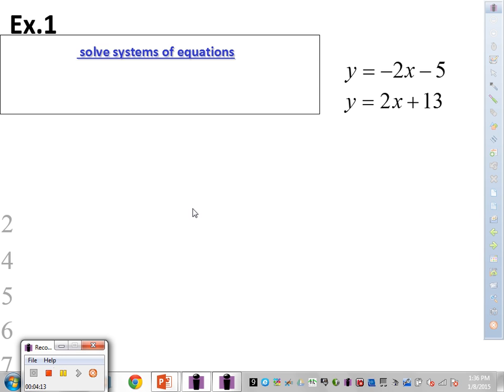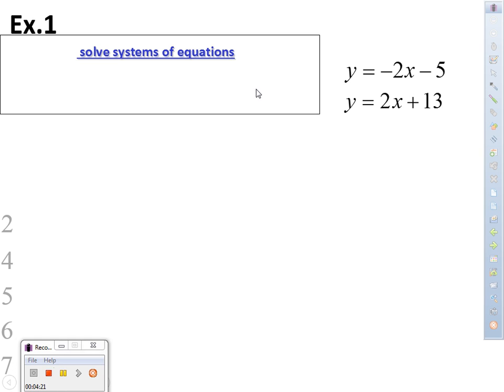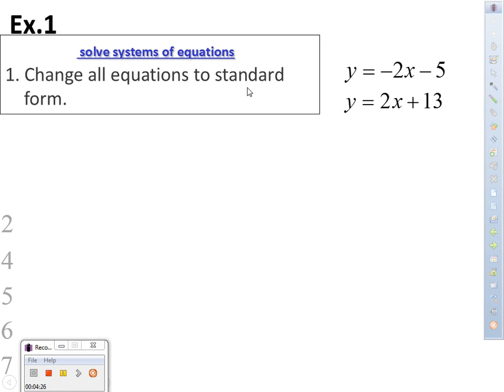So, they give us an instruction. It says, solve the system of equations. They give us this system. And step 1 we said was what? Money. Money, which is change. Change all equations to standard form. So we need to change these 2 into standard form. So check this out. What you're going to do, you're going to rewrite them here underneath side by side. Does everybody understand?